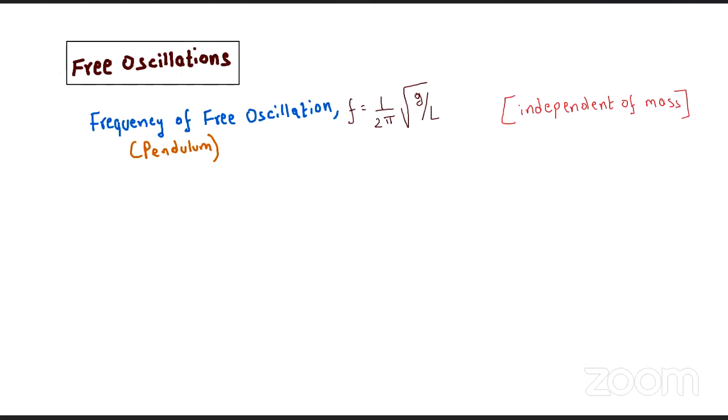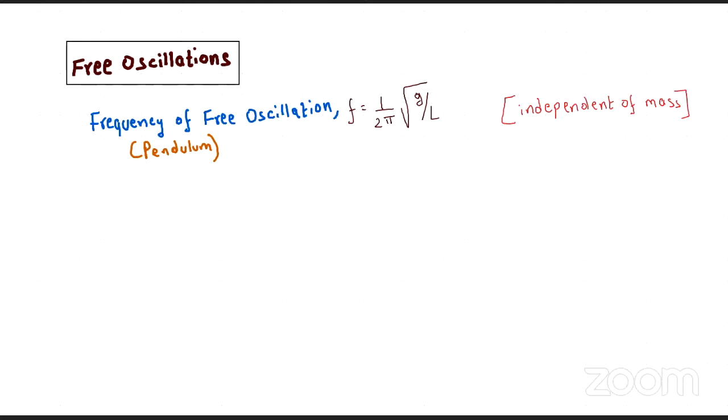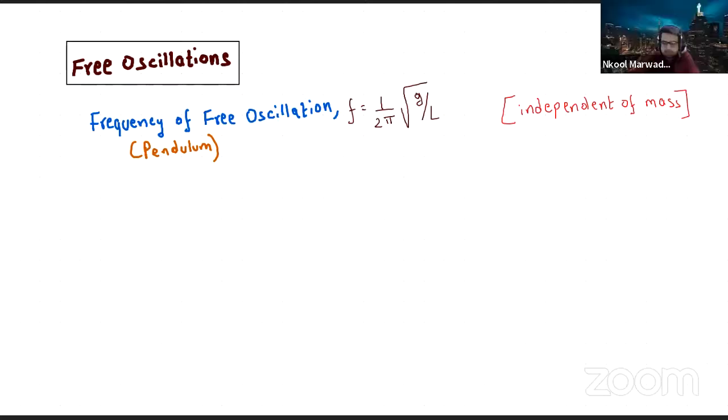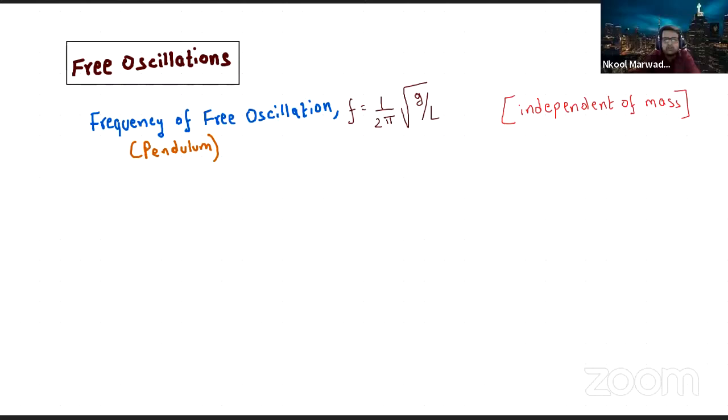One more very interesting thing: if there is no resisting force, then it will keep on oscillating forever. This is a very important property of oscillations. It can keep on oscillating forever if there are no resistive forces. This frequency of free oscillation, we call it the natural frequency.